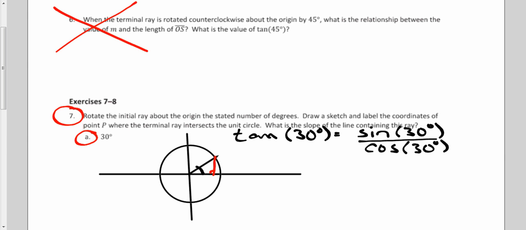What is another way to say the tangent of that angle? Opposite over adjacent. So, Caden, finish the thought. If the red side and the green side, tangent is what? Red over green or green over red? Red over green.